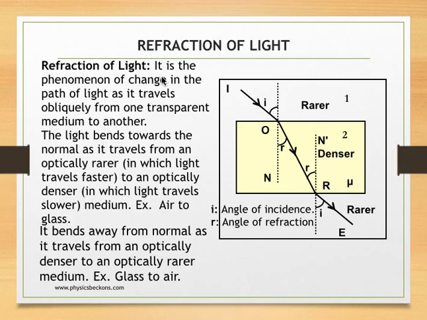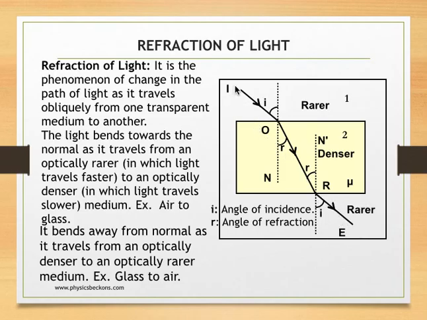the refraction of light is the phenomenon of change in path of light as it travels obliquely from one transparent medium to another. As you can see in this diagram, here we have a rarer medium, say air. This rectangle shaded yellow represents a glass slab, and again here we have air.